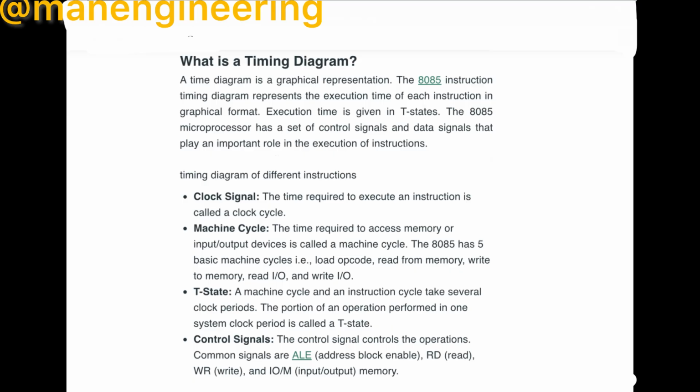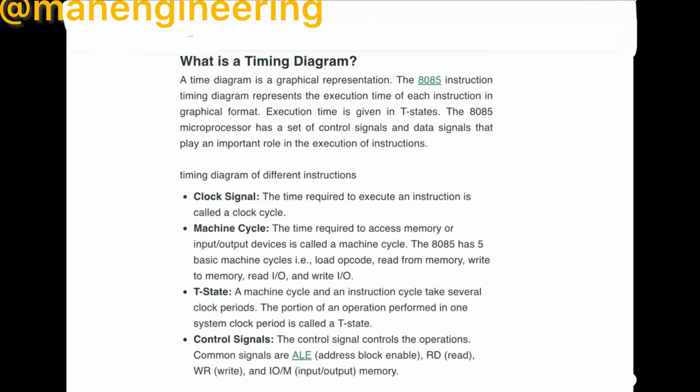Clock signals. The time required to execute an instruction is called a clock cycle. Machine cycle. The time required to access memory or input or output devices is called a machine cycle. The 8085 has 5 basic machine cycles, that is opcode fetch, read from memory, write to memory, read I/O and write I/O.